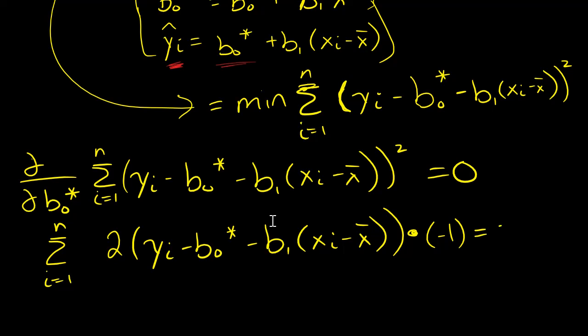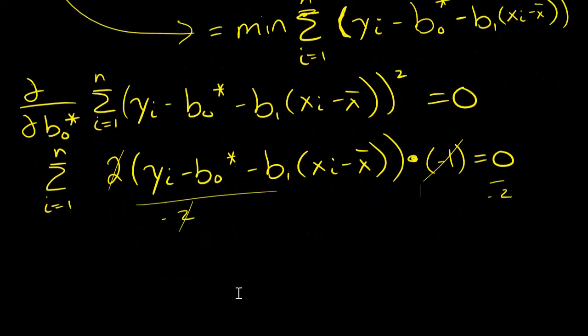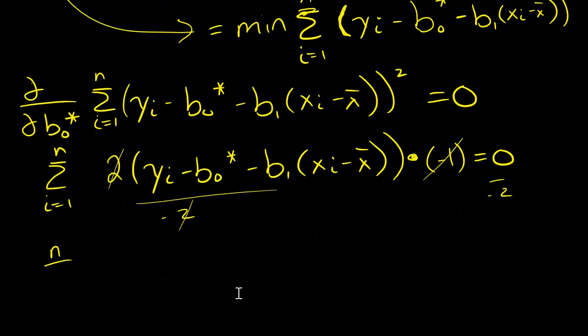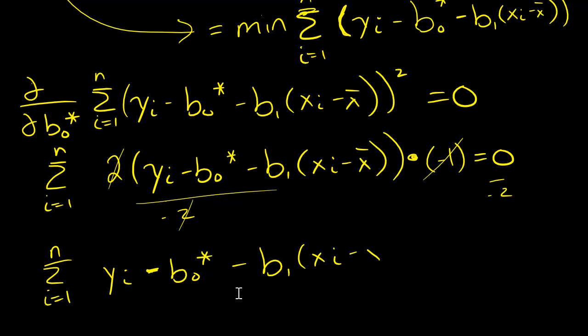You can divide both sides of this equation by negative 2, which gets rid of that factor. So I'm left with the sum of y_i minus b0 star minus b1 (x_i minus x bar).